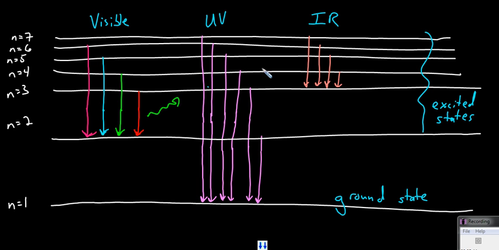We can see that there are many different possibilities of transition of an electron around the hydrogen atom. 4 of those possibilities are visible in terms of the energy released, but the other possibilities are ultraviolet, infrared, or even less energy.